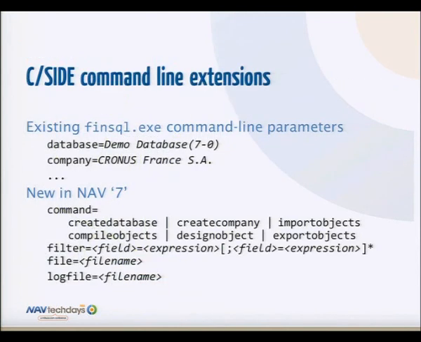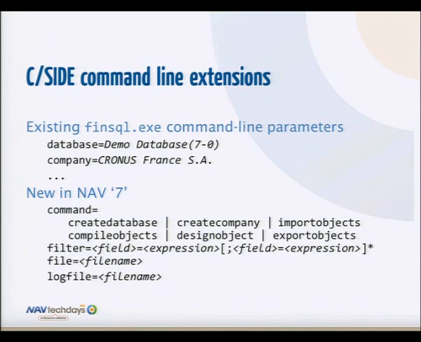So one of the things that we did was exercise the command line extensions here. You are probably all familiar with the existing command line options when you launch C/SIDE, like picking a database and a company.